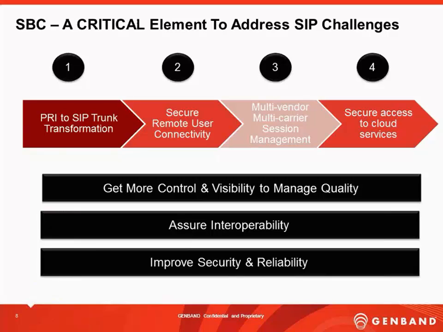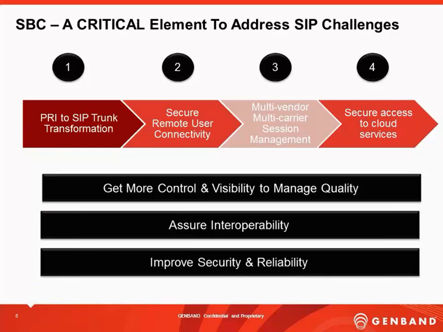So you need to assure interoperability across the different vendors within your network. Also, more and more enterprises are looking for multi-vendor, multi-carrier strategies for deploying SIP trunks. So having an SBC of your own gives you the flexibility to decide when to use one vendor or service provider versus another for SIP trunking. And it gives you the control.